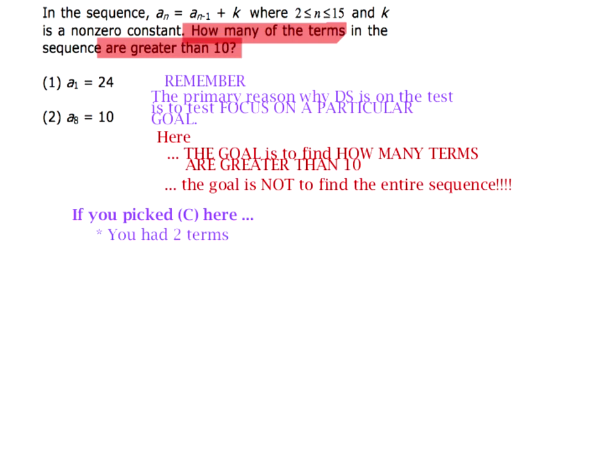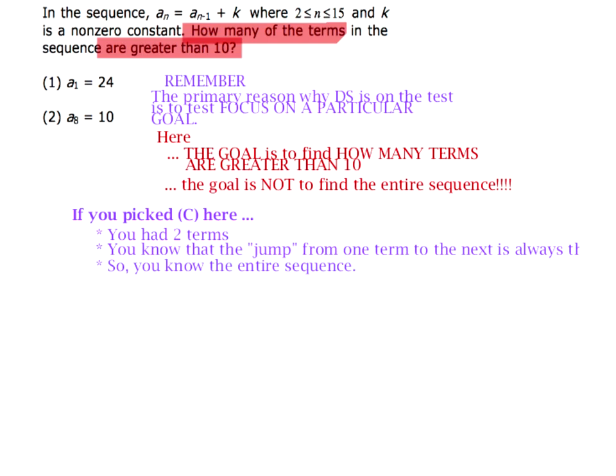You know that the jump from one term to the next is always the same. So what that means is that you know the entire sequence. If you had choice C, then you actually find out what all the numbers are. You don't actually have to find them, but that's what the problem is.